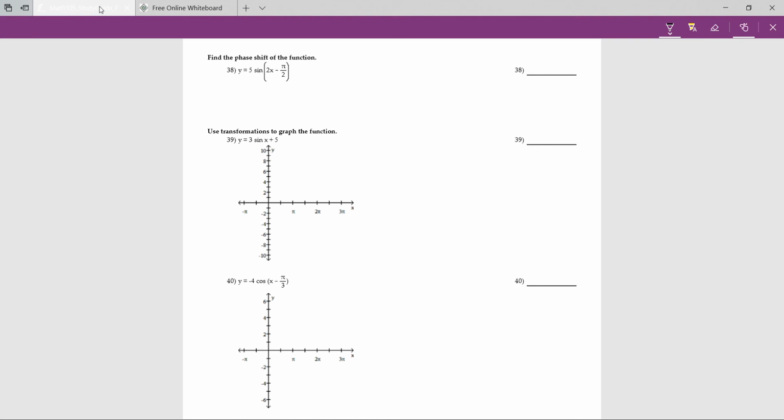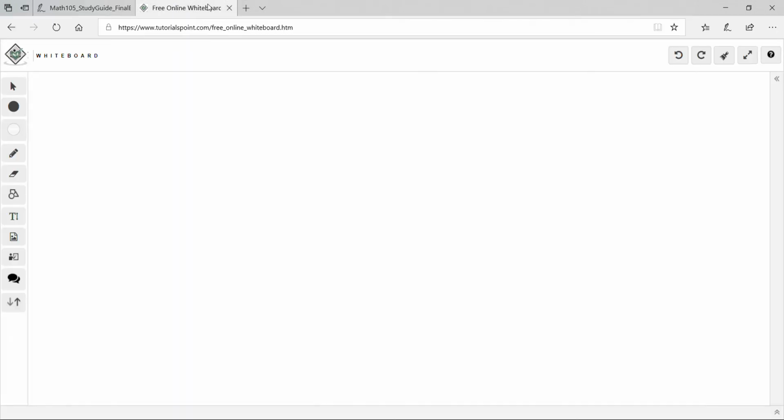Now I've got a sine graph. We've got to graph this. So our amplitude is the absolute value of 3, so it's just 3.